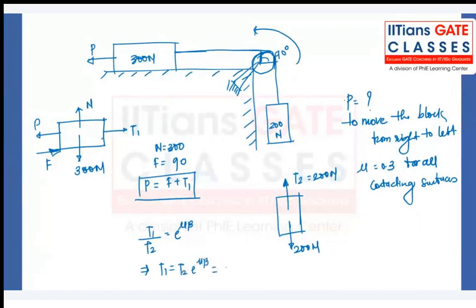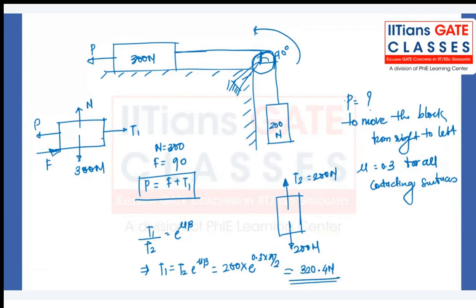e to the power mu, mu is 0.3 into pi by 2. That gives 320.4 Newton.